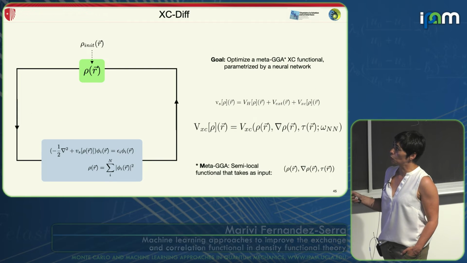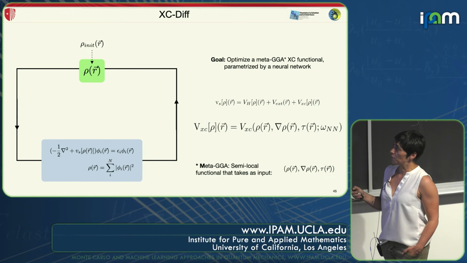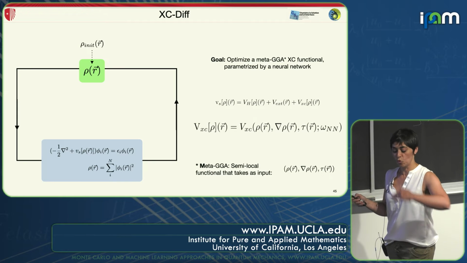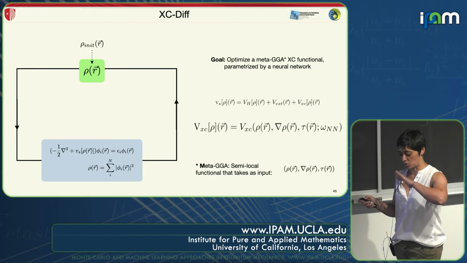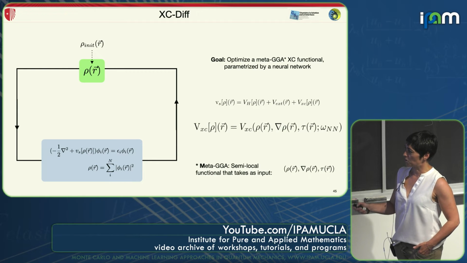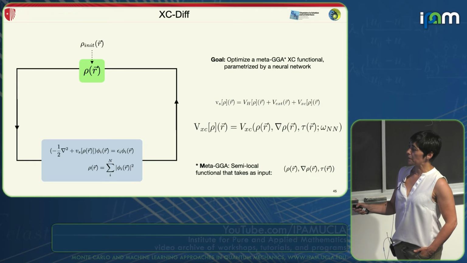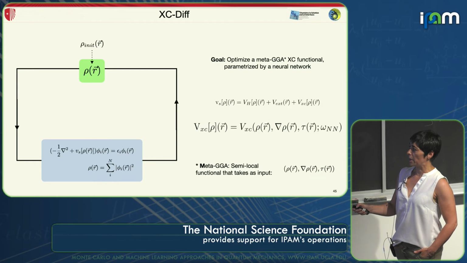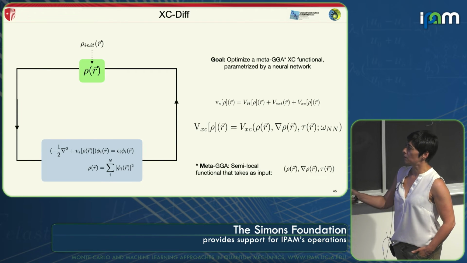So what we are going to do is optimize, and in this case we are moving back, remember when I started, to the grid. We have a functional, this is my Kohn-Sham equation with my exchange correlation potential, which now at every point in the grid I'm going to make dependent on the density, the gradient, the kinetic energy density, and a set of parameters which are my neural network.